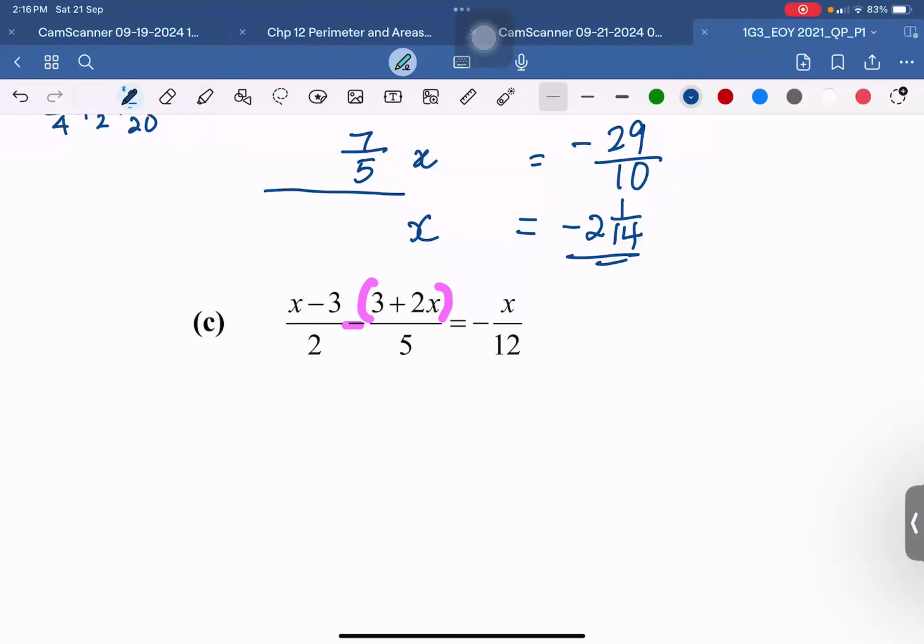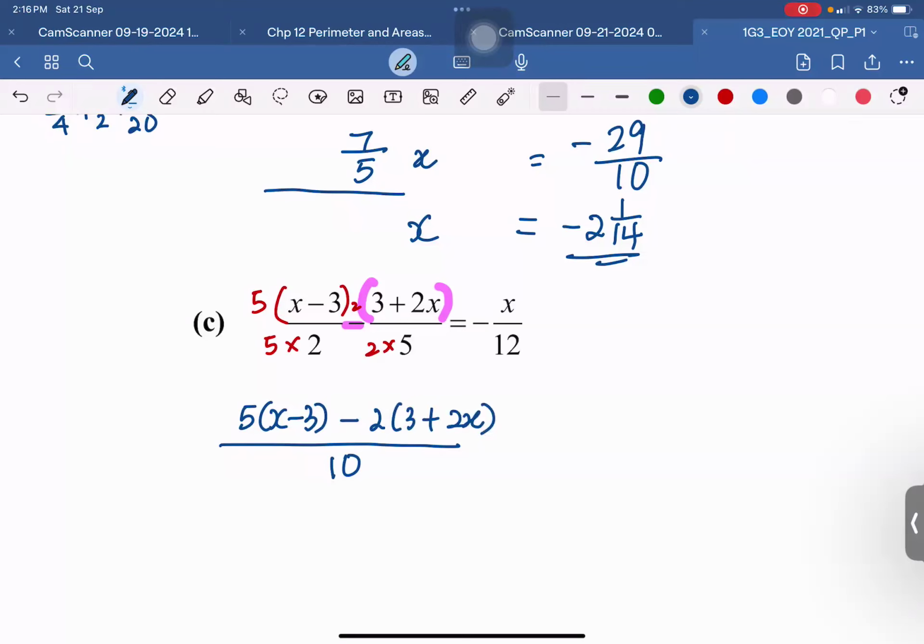Please type. What denominator should I make it into? 10. Thank you very much. So in this case, simple, straightforward, times 5, times 2. Since none of you asked this question, I should simplify it a little bit faster. This one will be minus 2 bracket 3 plus 2x equals negative x over 12.